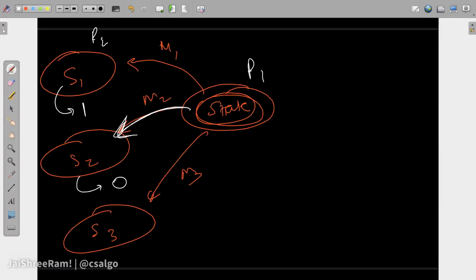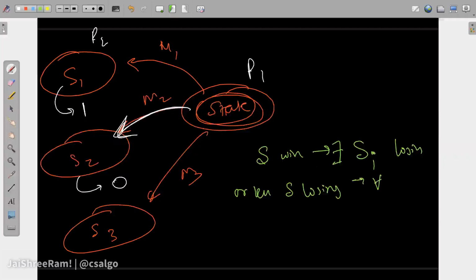Makes sense? So some state S is winning if there exists a state Si, which is losing. Si means the states which I can go to from S. Let me reiterate: S is winning if there exists an Si which I can go to that is losing. Or else S is losing if all Si are winning.